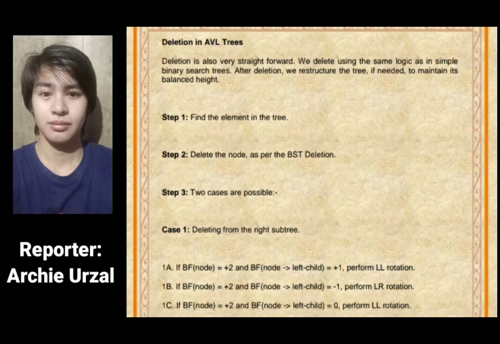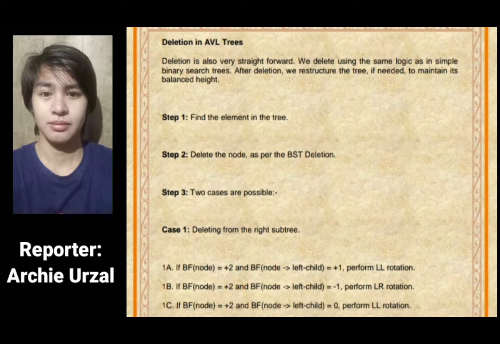The 1 becomes the left subtree and the 3 becomes the right subtree. As you can see, the balance factor of each element is 0. Therefore, the tree is balanced.